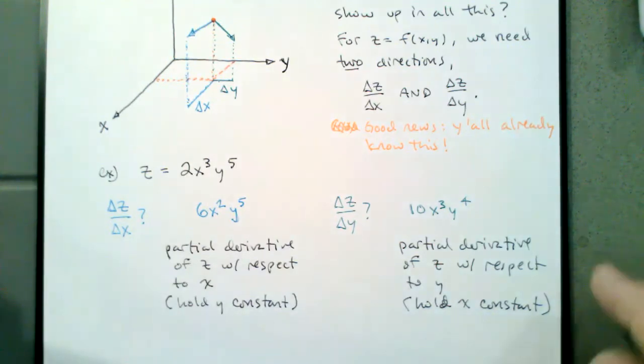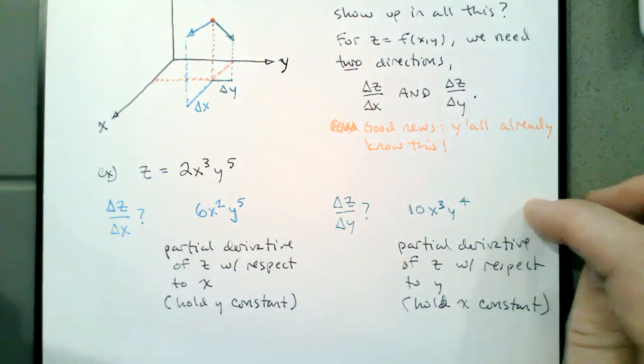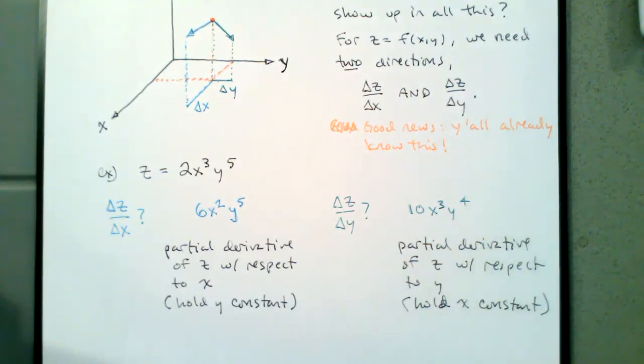And in the second one, partial derivative of z with respect to y, we did 5y to the fourth times the 2x cubed. So it works pretty much how we expected it to work. That's why Calc 3 is so simple. We already know how to do the stuff. We just have to adapt it to functions of more than one variable. Any questions?